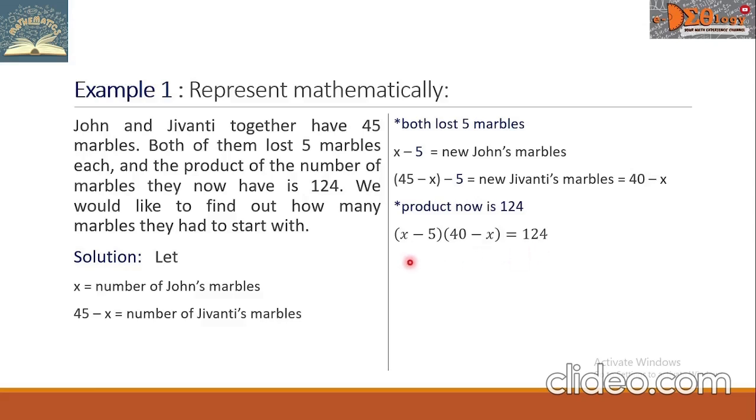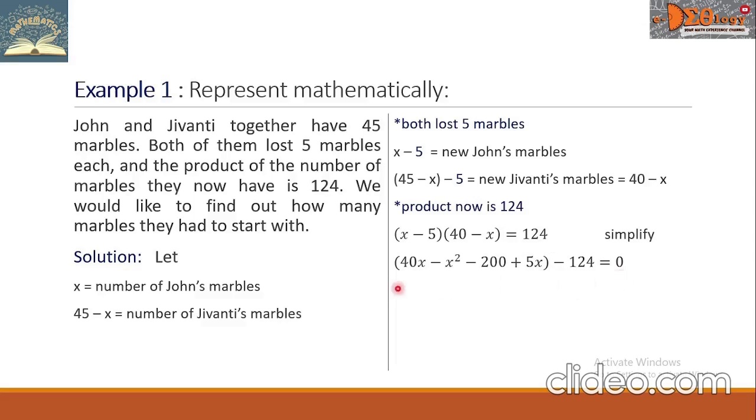124. Let us multiply this binomial by this binomial. So it becomes 40x minus x squared minus 200 plus 5x. And this 124 on the right, we transpose to the left. It becomes negative 124, and the right side becomes 0.